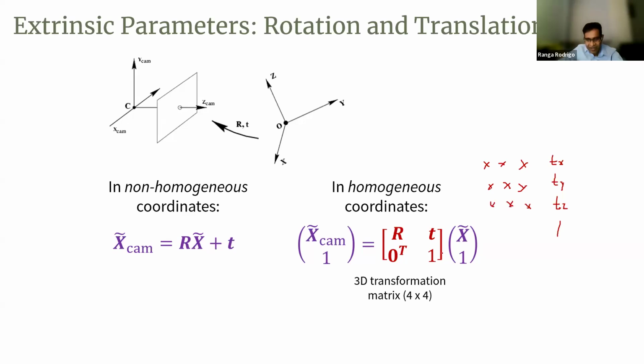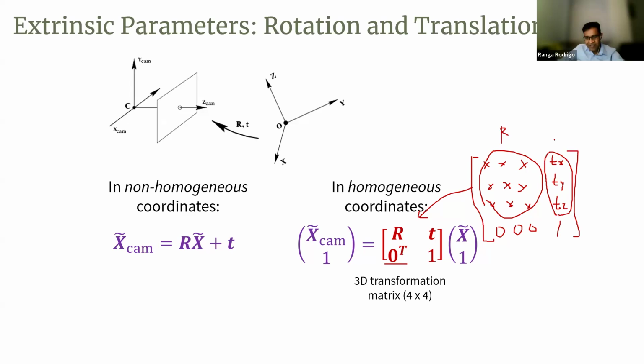Okay, this is my R, and this 0 is 0 transpose, 3 zeros. 0, 0, 0. Okay, this is that matrix. We have written it in a shorthand form. So this portion is my capital R. This portion is my T vector.